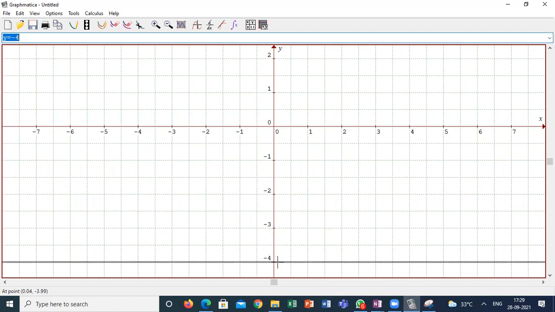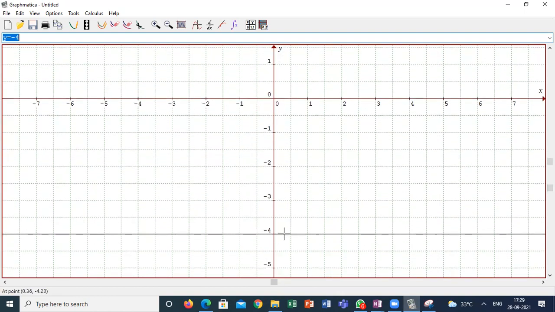If you see this graph, the line is passing through minus 4 here. If I'm taking the coordinates, minus 4, 0, minus 4, 2, and your y is fixed here. So this is how I can explain the equation of a line passing through a point and parallel to x-axis.